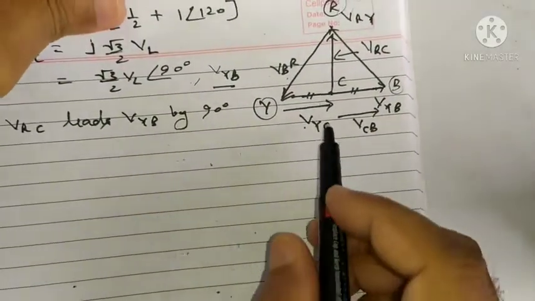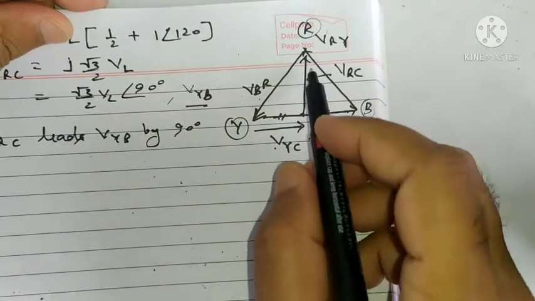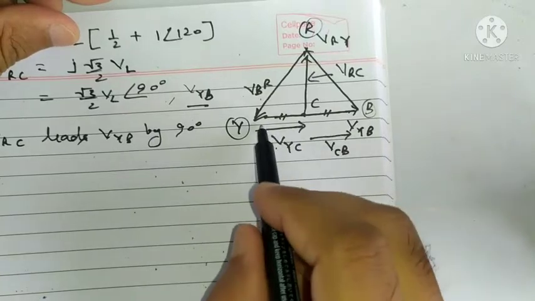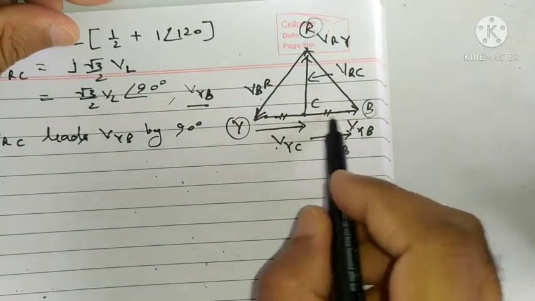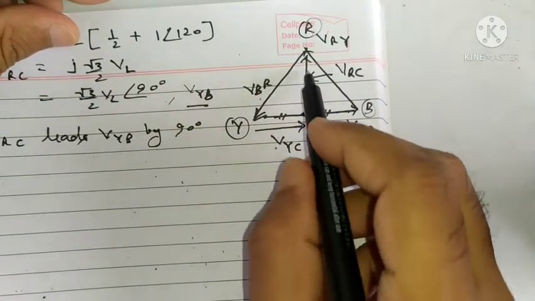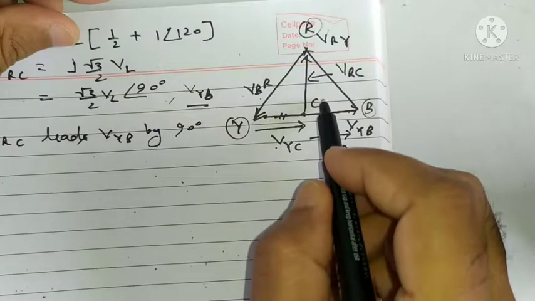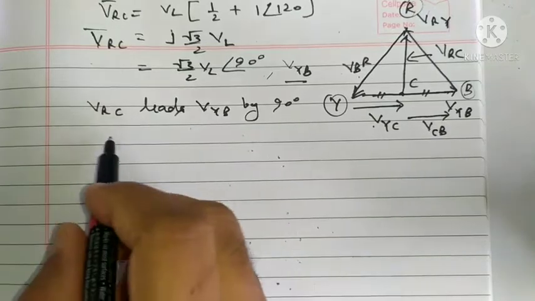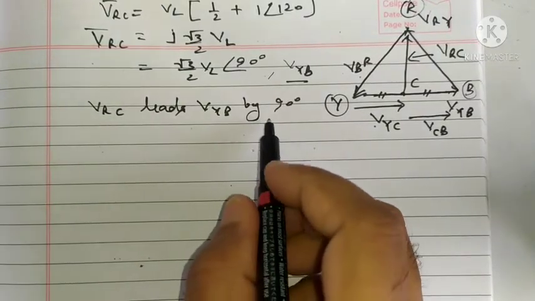So this is the voltage triangle, and from here we can see that VRC is at perpendicular 90 degrees to VYB, right? And from this calculation also, we can say VRC leads VYB by 90 degrees.